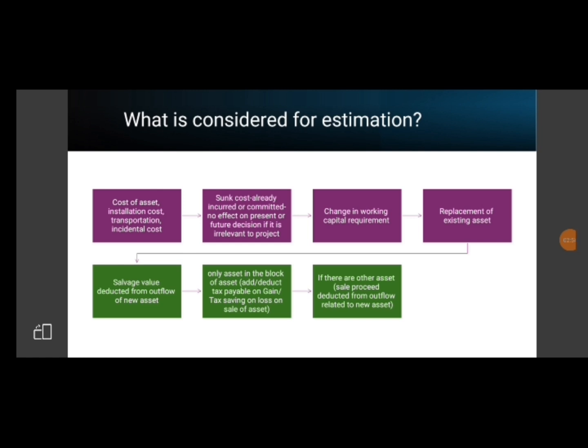If that is the only asset in the block of assets, we have to add or deduct the tax payable on gain or tax saving on loss on sale of the asset. If there are other assets too, then the sale proceeds will be deducted from the outflow related to the new asset.